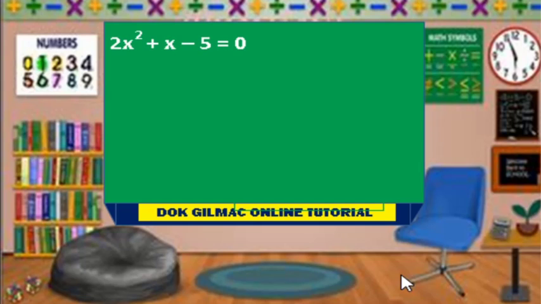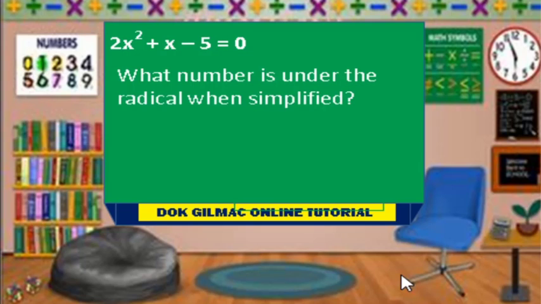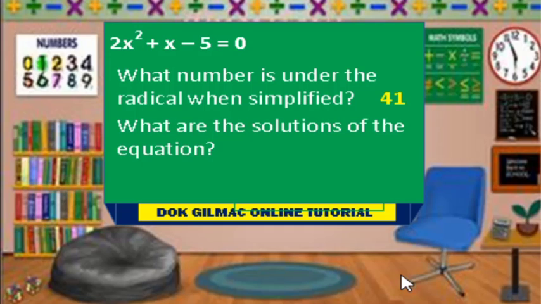Consider 2x squared plus x minus 5 equals 0. What number is under the radical when simplified? It is simply 41, square root of 41. What are the solutions of the equation? We have x is equal to negative 1 plus and minus square root of 41 all over 4.